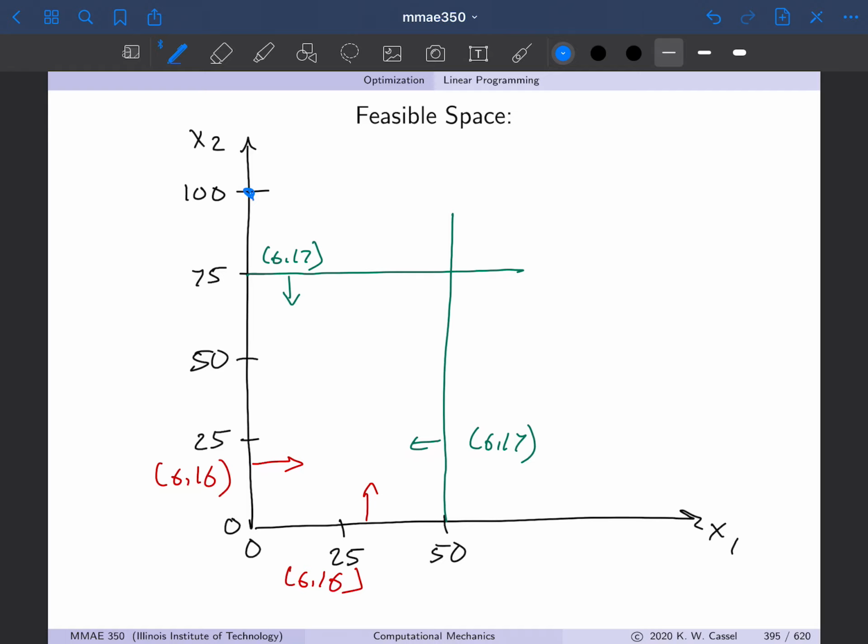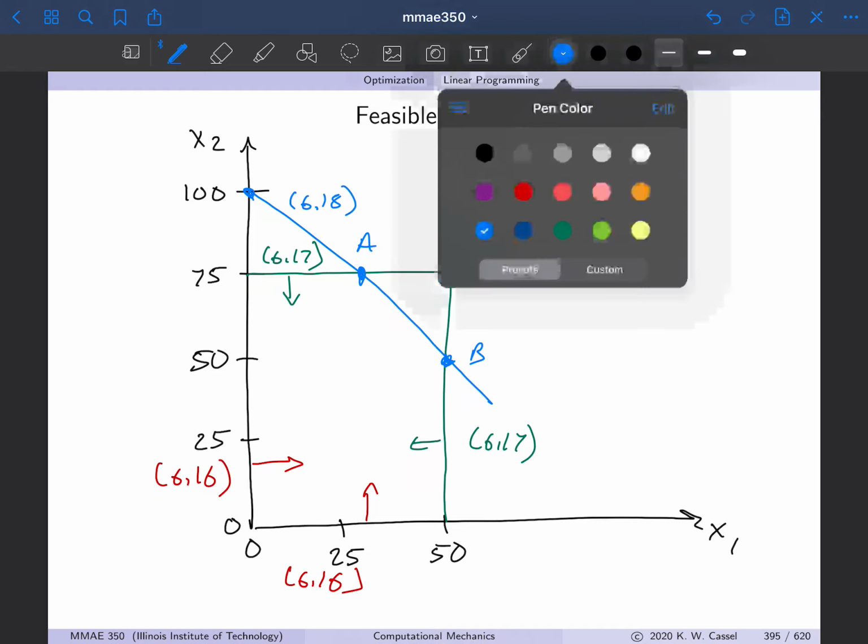It's going to go through 50 at 50, so that's right here. So as we go down here, we see that we cross the boundaries of our feasible space at these 2 points. I'm going to call these A and B. Okay, so this is 618.